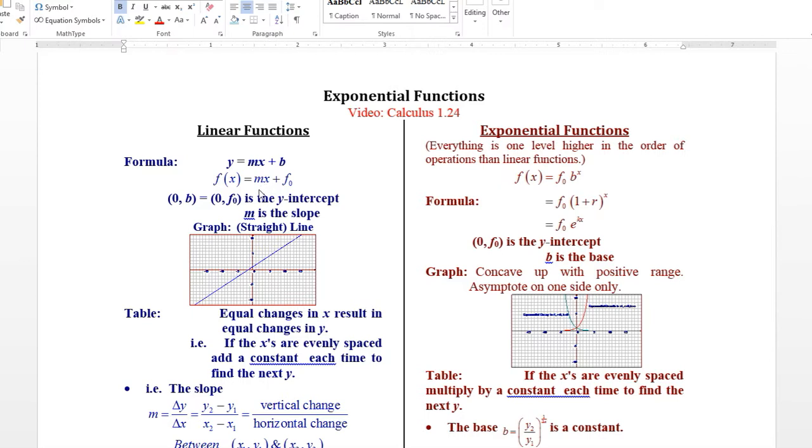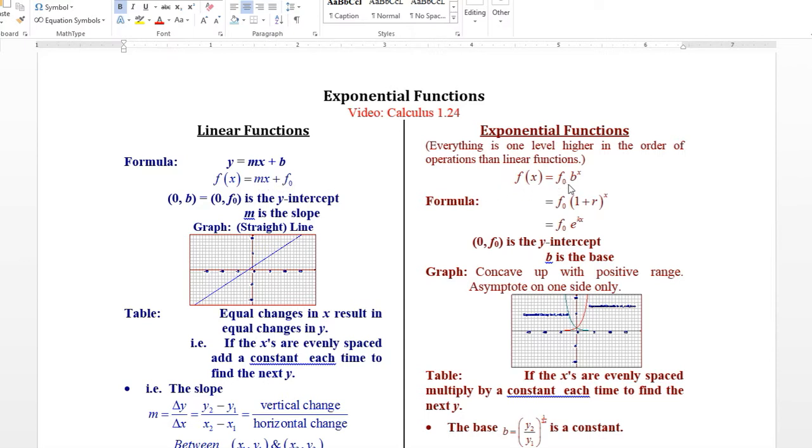And notice how this basically works in a table: if you're starting with the value 0, f sub 0, every time you add 1 to x, you're adding m to y. So x counts how many times we repeatedly added m, and so repeated addition then becomes multiplication. So we're taking the original f sub 0, adding to that m, x times.